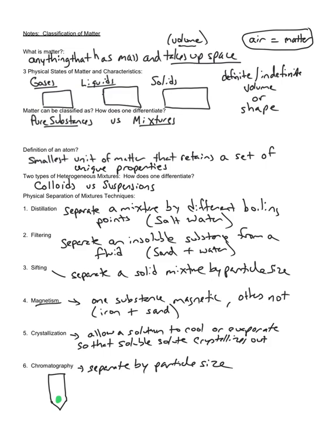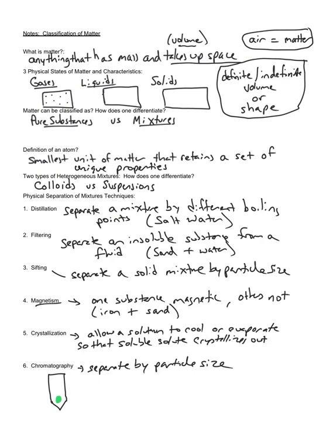Now, when you look at a gas, what classifies the 3 different ones are over here. Does it have a definite or indefinite volume or shape? With a gas, when you put a gas in a container, it will spread throughout the container and fill up whatever container it is. And if there's a hole in the container, the gas will even leak out of it.